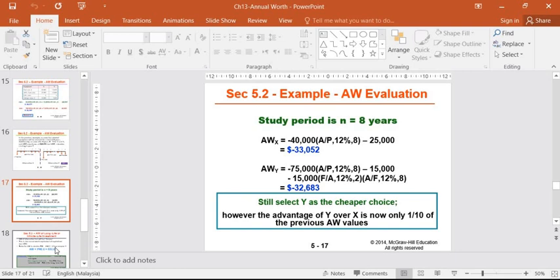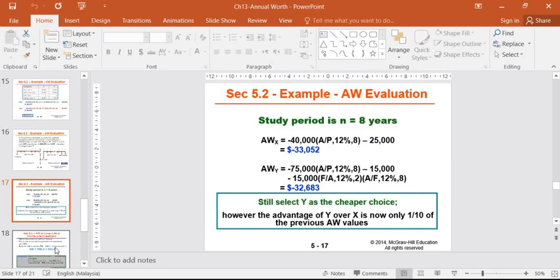for Y is still larger compared to X. Minus 32 million. This one is 1,000 greater compared to AWX, minus 33,000.